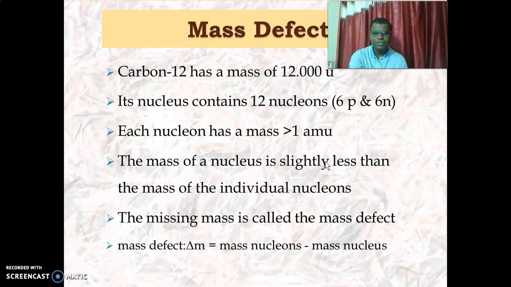This mass defect is simply indicated by delta M. So this is the mass of nucleons, which is the expected mass, and this is the mass of the nucleus, which is the actual mass. The difference of these two is called the mass defect.